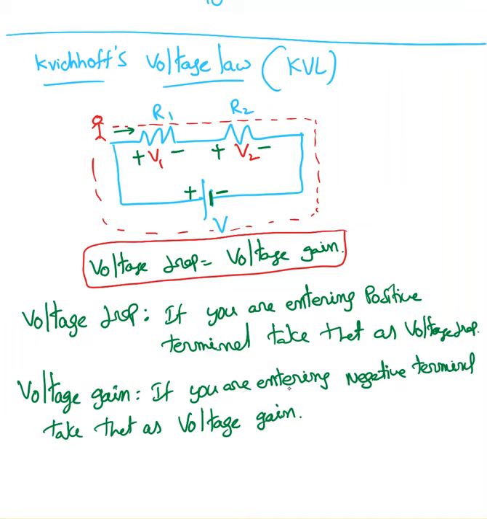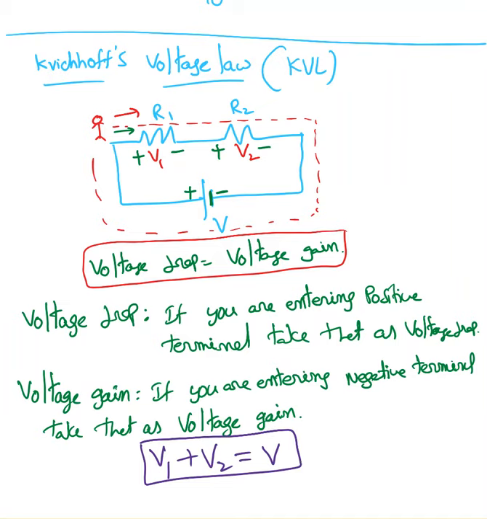If you're entering a negative terminal, take that as a voltage gain. So start walking from one point. I'm walking in this direction, entering the positive terminal, so V1 is a drop, V2 is also a drop, and V is a gain. This is Kirchhoff's voltage law.